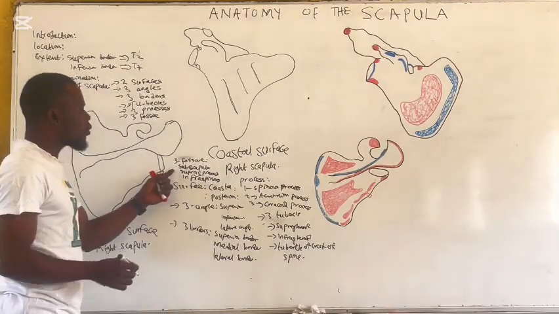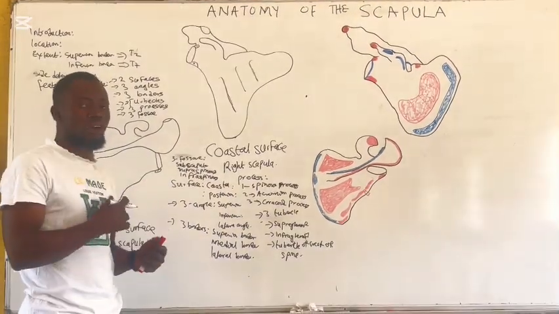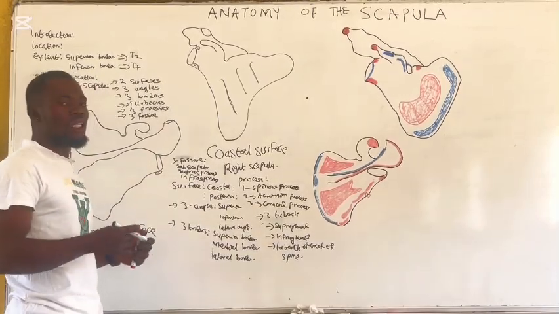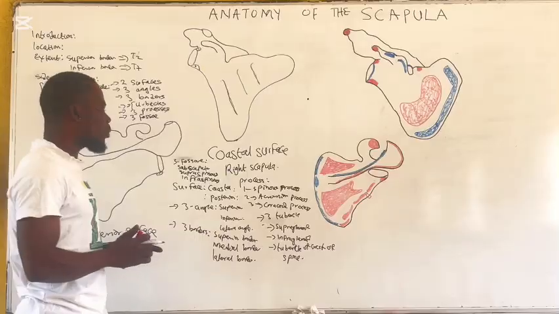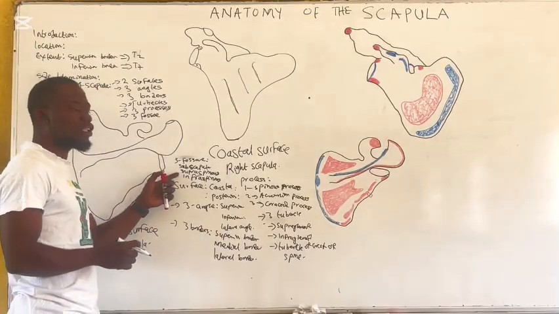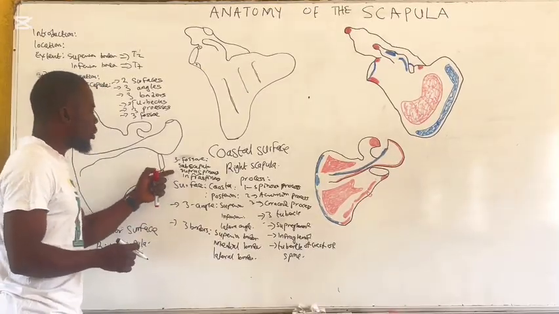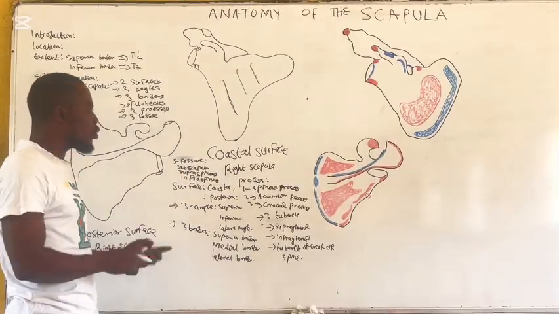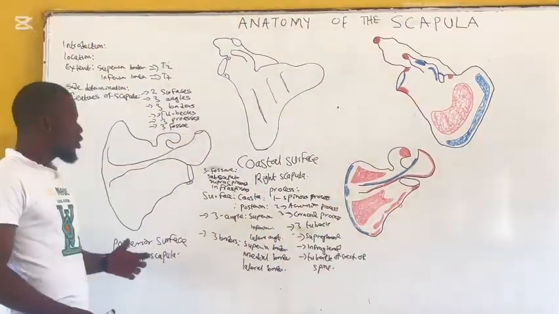The subscapular fossa is located at the costal surface of the scapula, and the supra and infraspinous fossa are located at the posterior surface of the scapula. In between them is the spinous process. Supraspinous meaning above the spinous process, and infraspinous meaning below the spinous process.